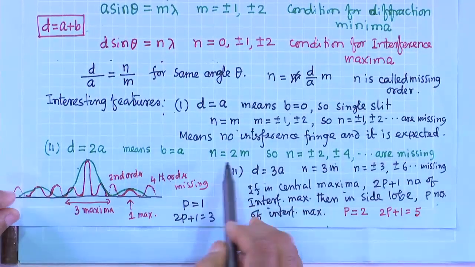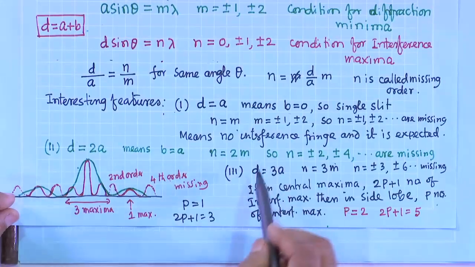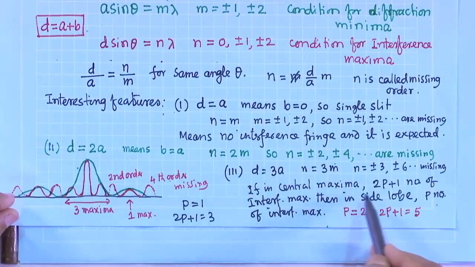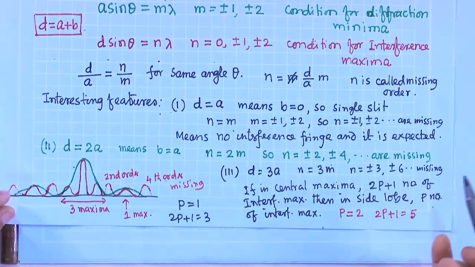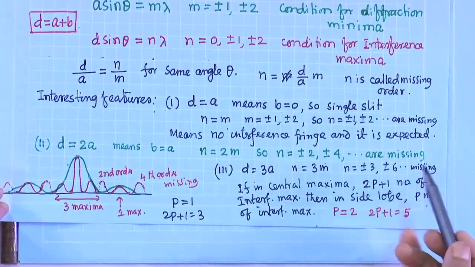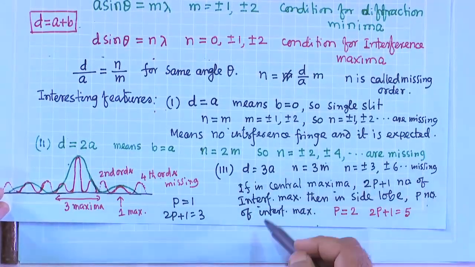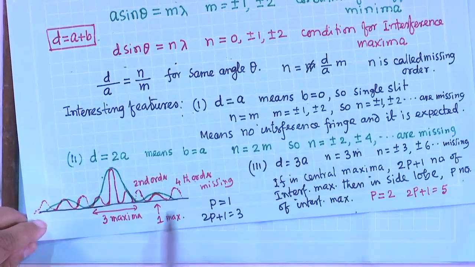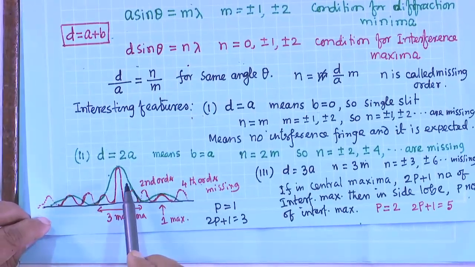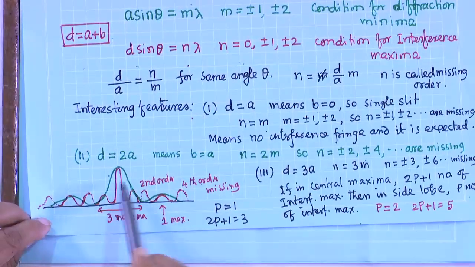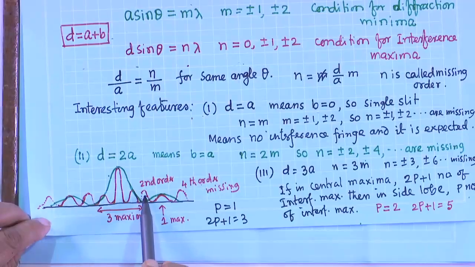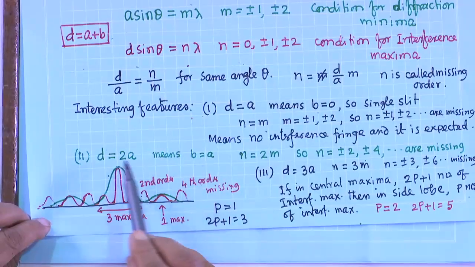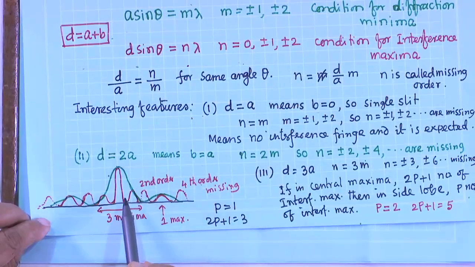In the other case, if d equal to 3a, then the third order, sixth order, ninth order interference maxima will be missing. So, here you can see this is for second order missing, fourth order missing, meaning d equal to 2a. So, this is the central one at theta equal to 0, right.